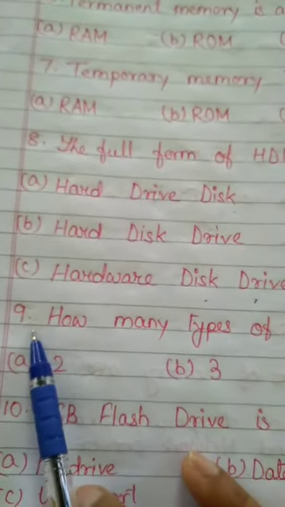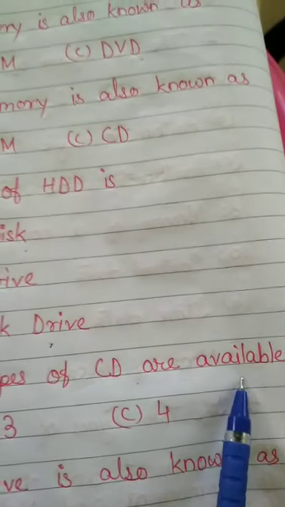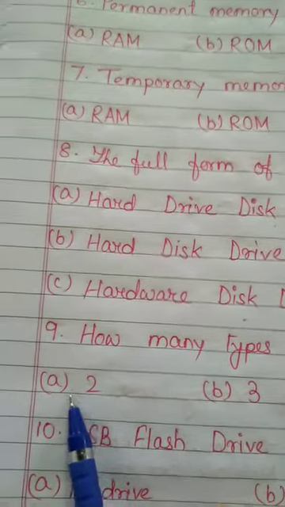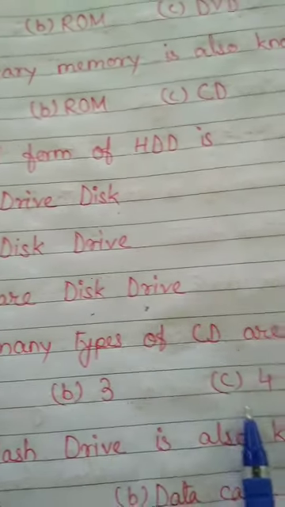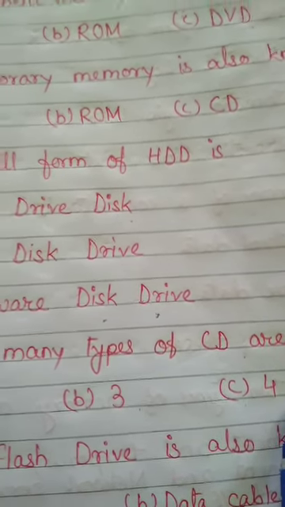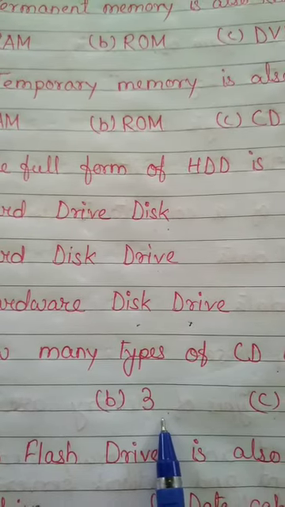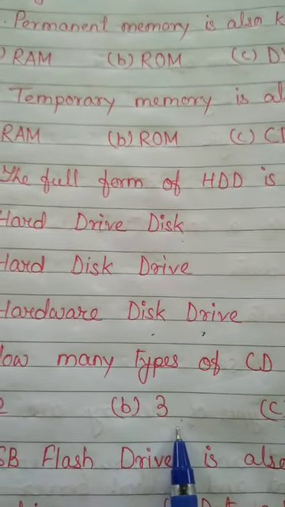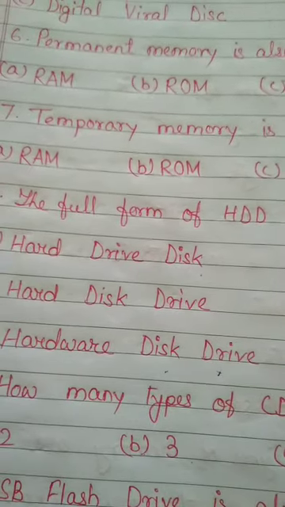Question number 9. How many types of CD are available? Option A 2, option B 3, option C 4. Yes, three types of CDs are available. What are the types of CDs?